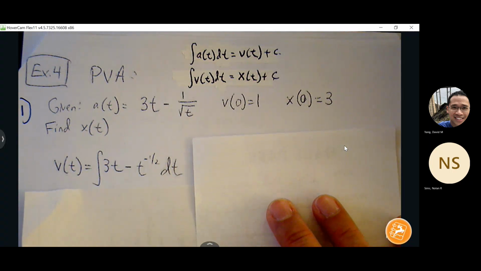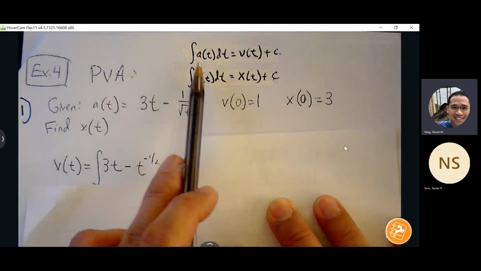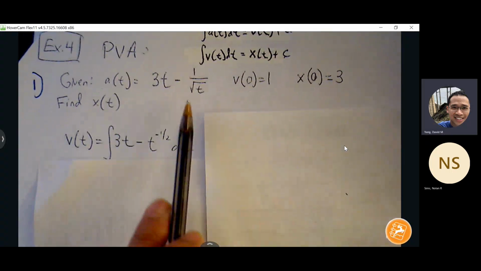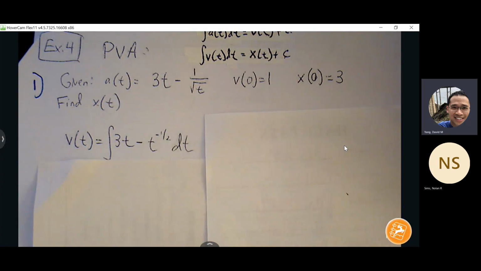So antiderivative of acceleration, 3t minus t to the negative 1/2. I'm just getting both terms set up nice and ready for power rule.